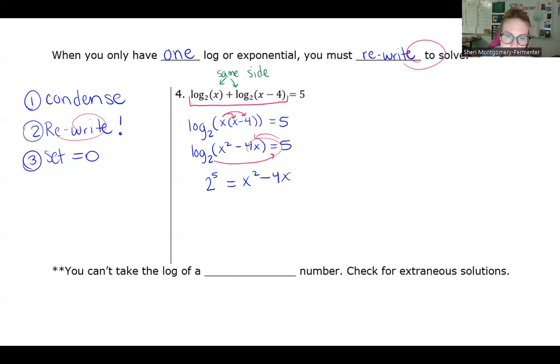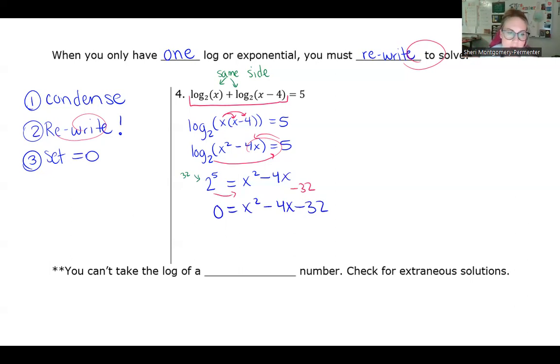I think I heard somebody say it. Very good. So I am going to move 2 to the 5th power and subtract 32. So now I have 0 equals x squared minus 4x minus 32. Where did I get the 32 from? It is 2 to the 5th power.